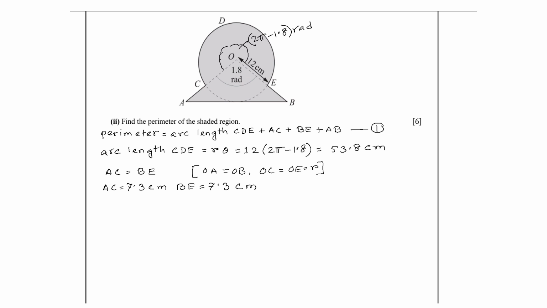Now we need to find the length AB. And we are going to use the cosine rule of triangle.